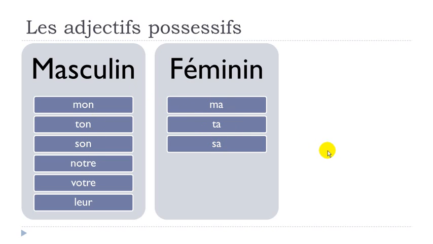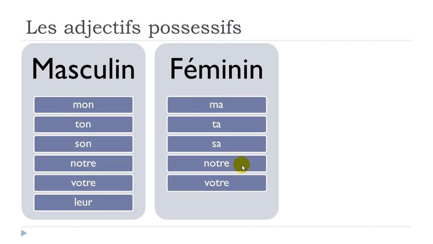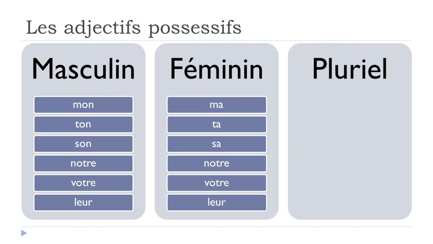And then the good news is that notre is the same, votre is the same, and leur is the same. So you don't really have a difference between these three persons. You will have to use the same adjectif possessif. So the only difference is there: mon, ton, son, ma, ta, sa. And now let's see the plural part here.